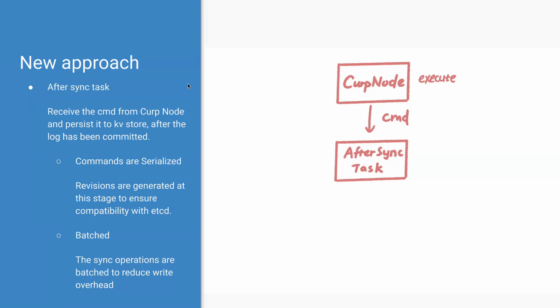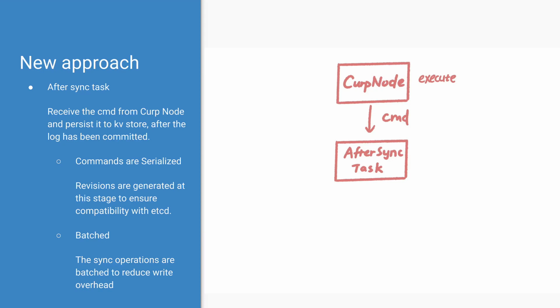The command workers are also simplified to a single after-sync task. The after-sync task is responsible for receiving the command from the Curp node and persisting it to the KV store after the log has been committed.